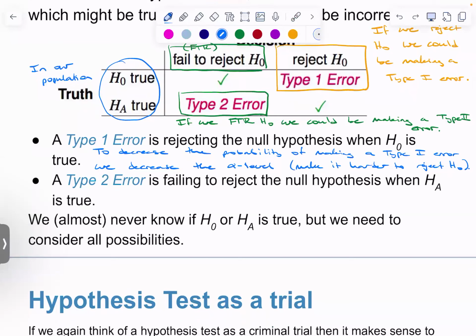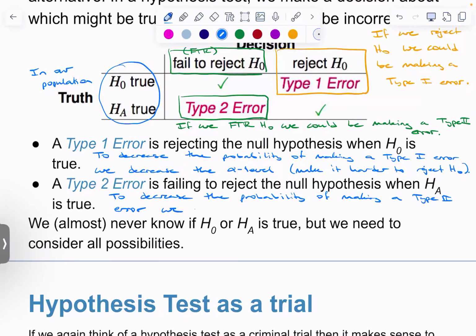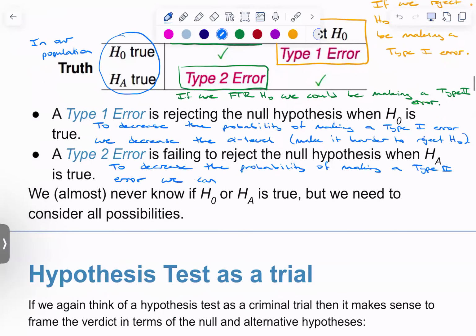So this one, we're kind of helpless to decrease the probability of making a type 2 error. One of the main ways is we can increase the sample size.